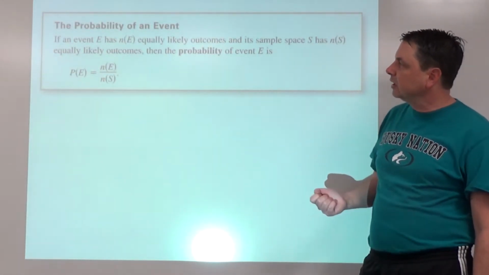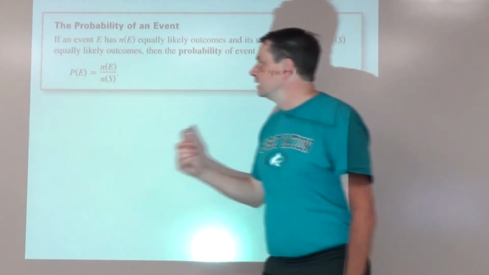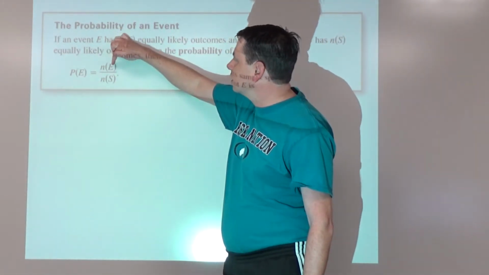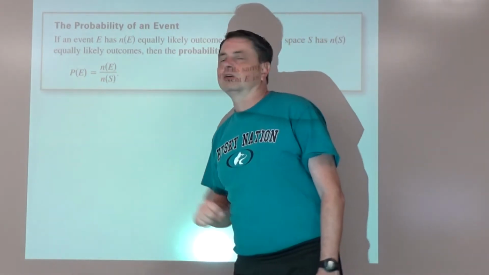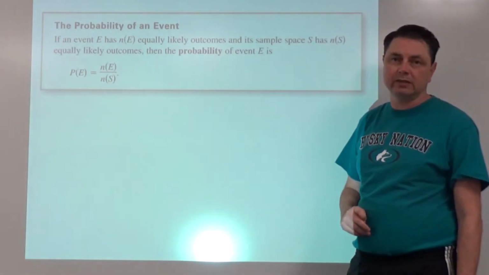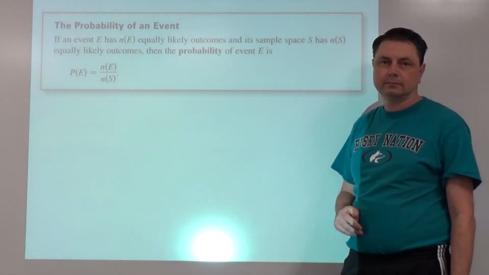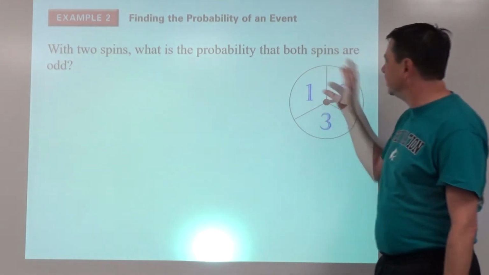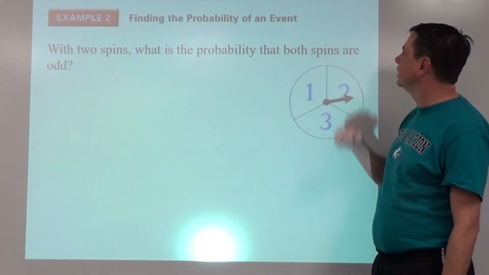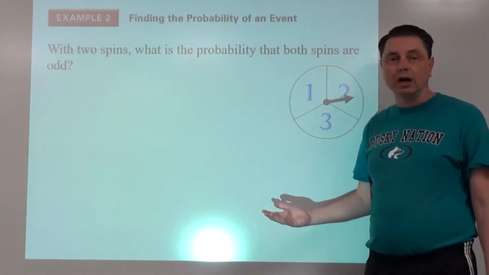So the probability of an event happening in an experiment is the number of ways that the event can happen divided by the number of outcomes in the sample space. So for example, if we spin this and we got 2 spins, what's the probability that both spins are odd?